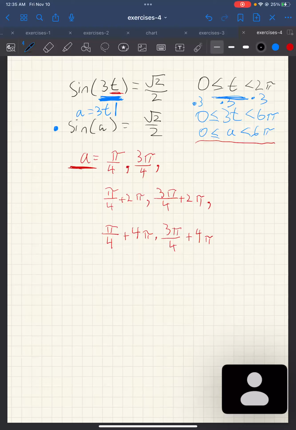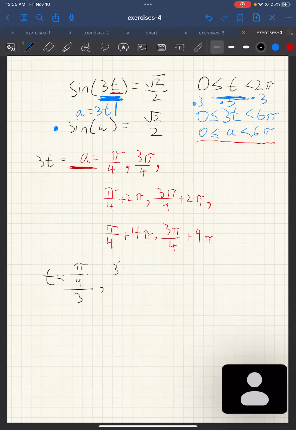So we need to remember a is equal to 3t. So I want just t is equal to something. So how do I get t by itself here? I divide by 3. So that means I need to divide all of these answers by 3.